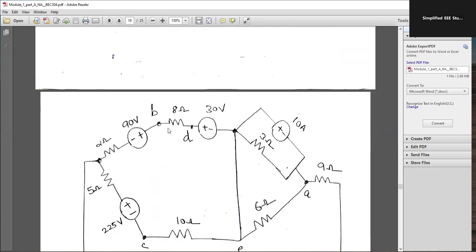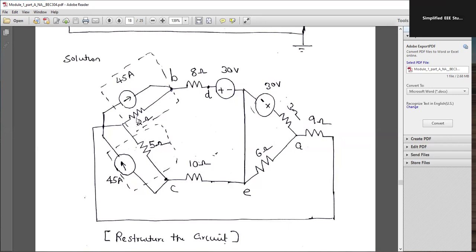Now please see, 45 ampere parallel to 2 ohm is equal to 45 into 2, which is 90 volt. Voltage is nothing but current into resistance. Current is 45 ampere, resistor is 2 ohm. On the opposite side, current is 45 ampere, resistor is 5 ohm, therefore voltage is 45 times 5.